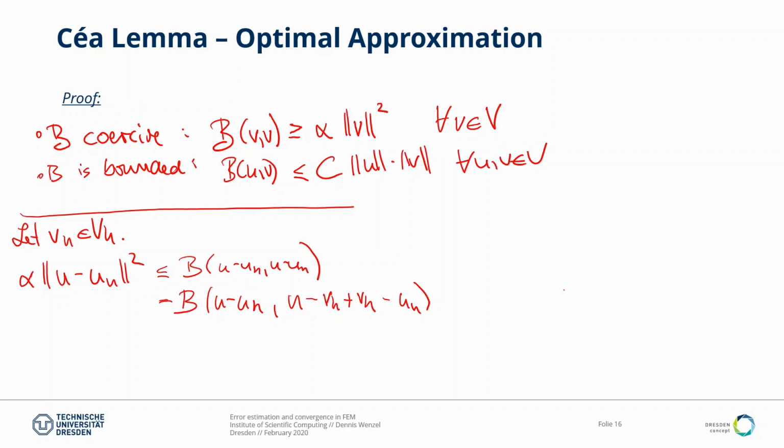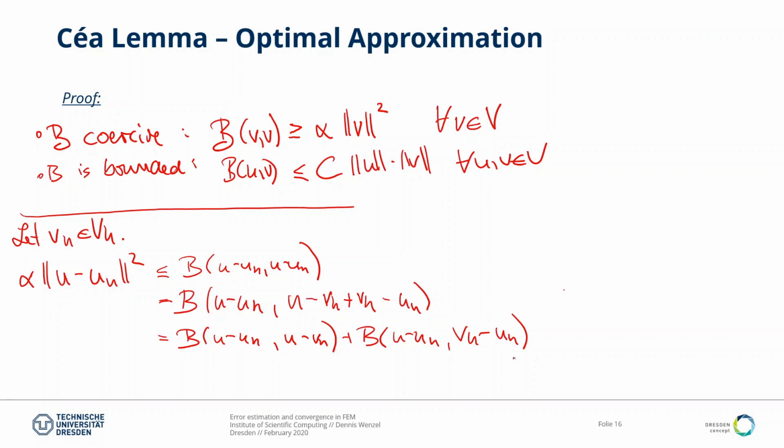Now I'm using the bilinearity, which means that I can simply take this plus out of my B. So I'm getting B of u minus UH tested with the first part here, u minus VH, plus B of the same first argument, u minus UH, tested with the second part here, VH minus UH.